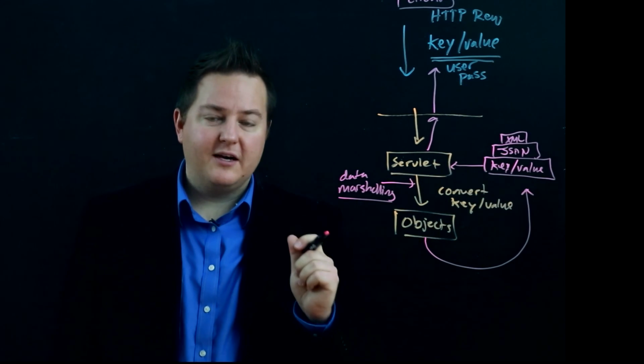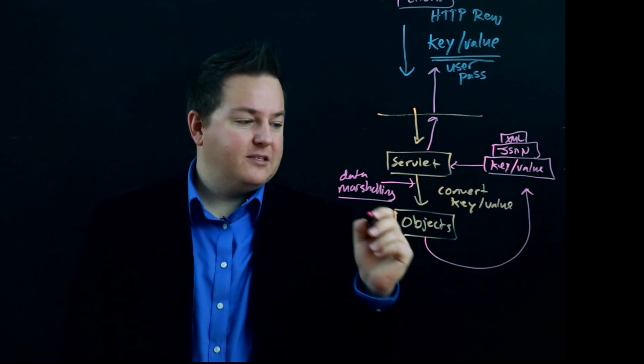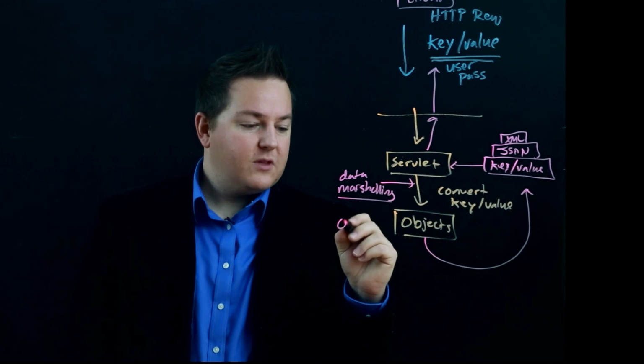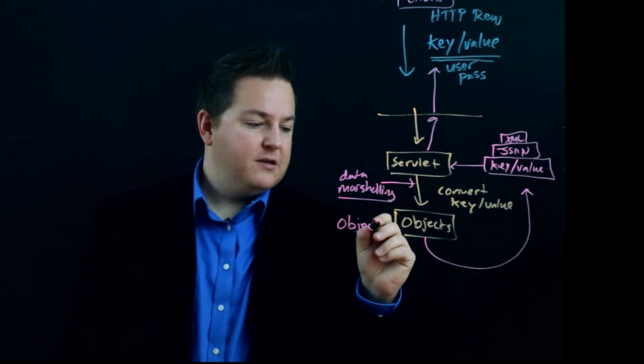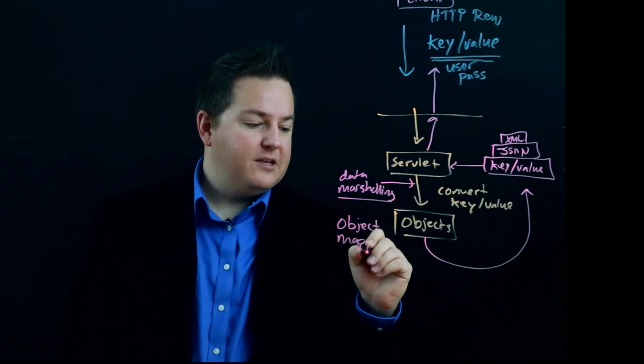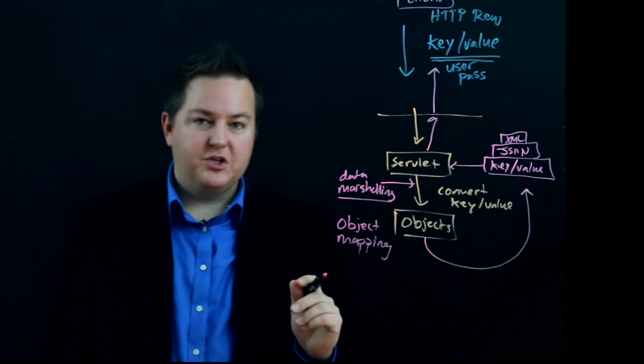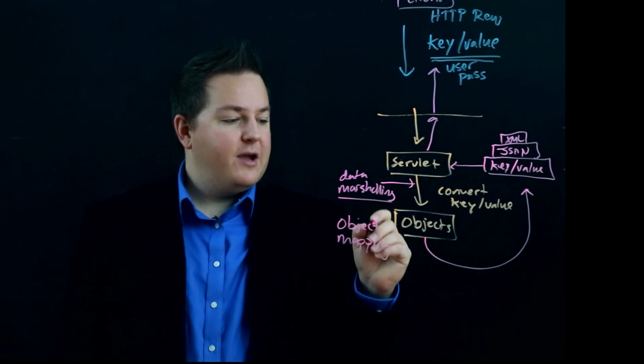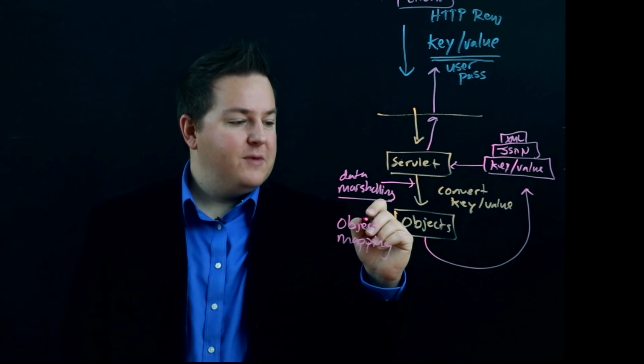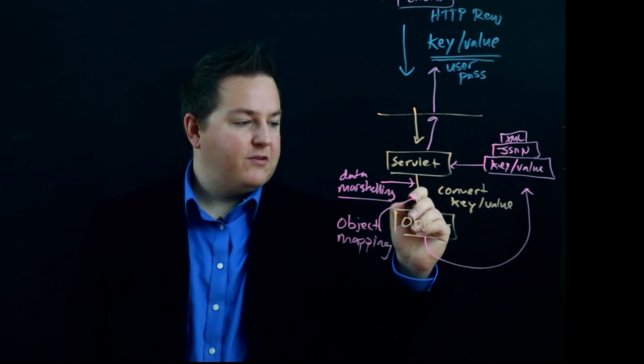Another very important concept in this is a process that's called object mapping. And you'll see this quite a bit in Java in particular, is you have frameworks that can automate this process of converting.